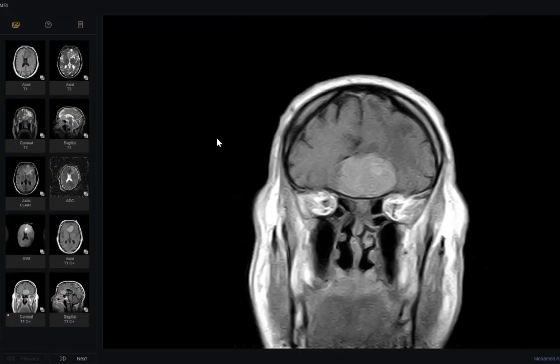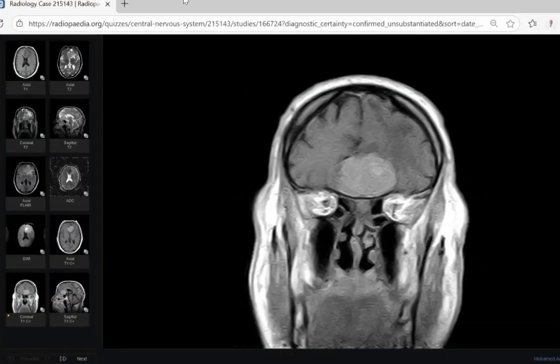Again, when the examiner gives you a brain case, you should ask yourself about the history. And I think it is not acceptable to tell the examiner in the brain, I will compare with the previous image. First give him a proper logical diagnosis.